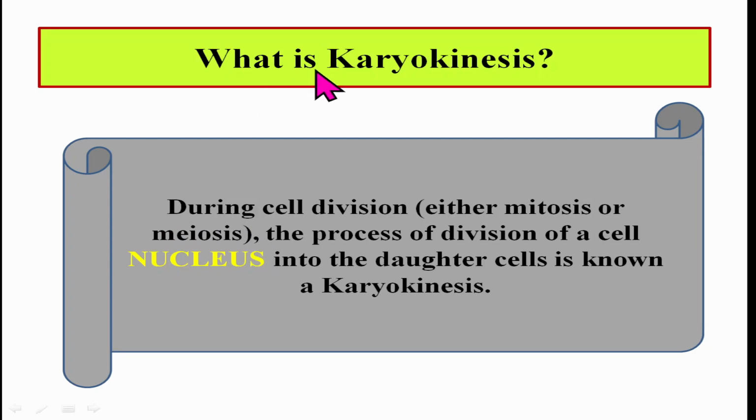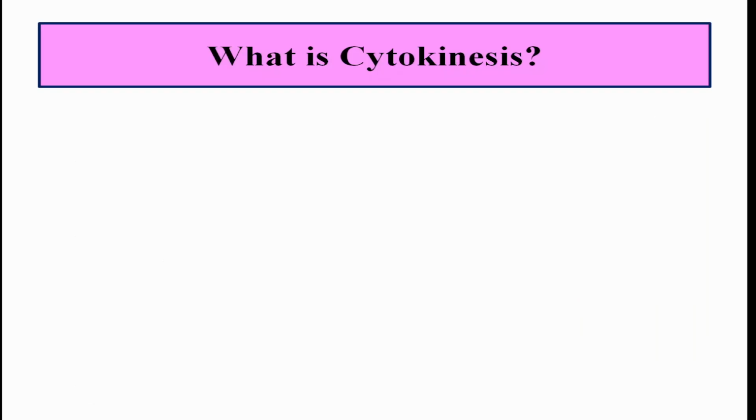So karyokinesis means, as we know that it is karyo means nucleus and kinesis means division, that means division of nucleus. So during cell division, the process of division of cell nucleus into the daughter cells is known as karyokinesis.